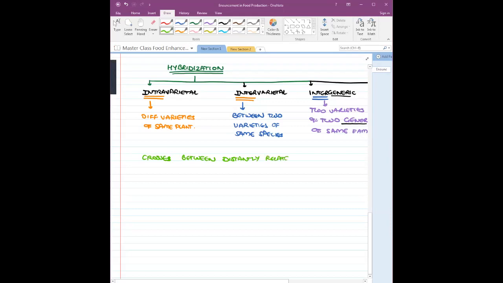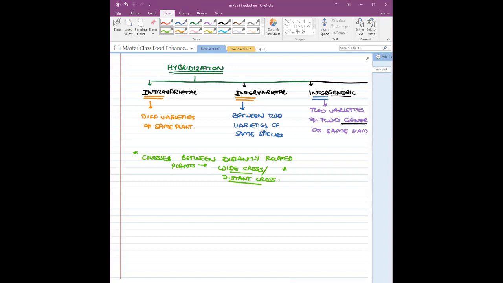Crosses between distantly related plants are known as wide cross, or also your distant cross. This is important from your NEET point of view. They will ask you, if a cross is done with a relative of the plant in consideration, then what kind of cross is this?